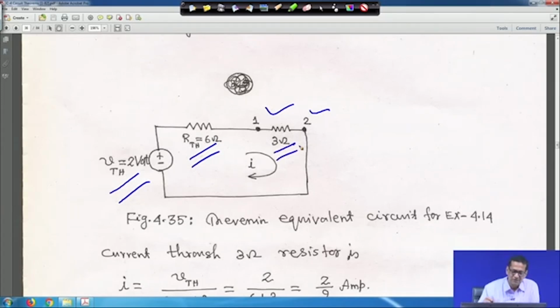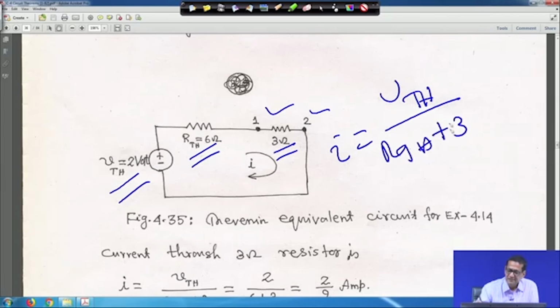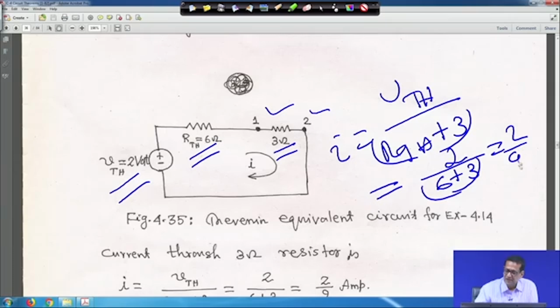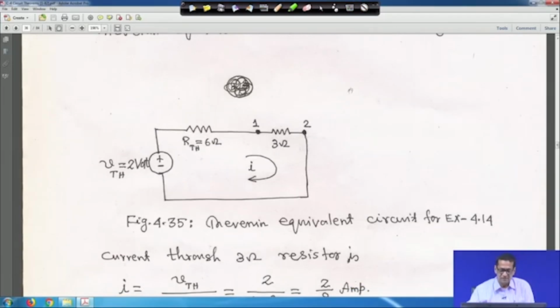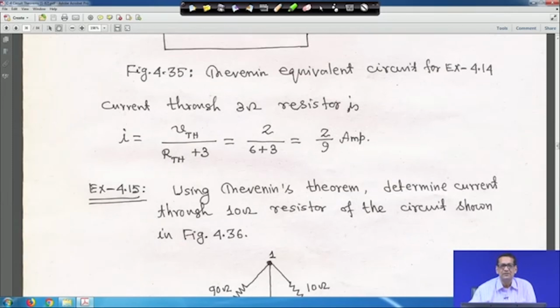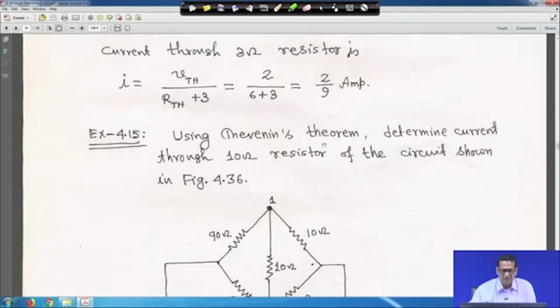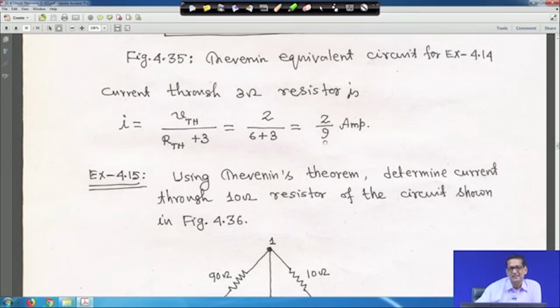So, that means I is equal to V Thevenin divided by R Thevenin plus this 3 ohm resistance, that is 2 divided by 6 plus 3, equal to 2 by 9 ampere. So, through the 3 ohm resistance a current of 2 by 9 ampere is flowing. Now, take this, hope you are understanding this, right.